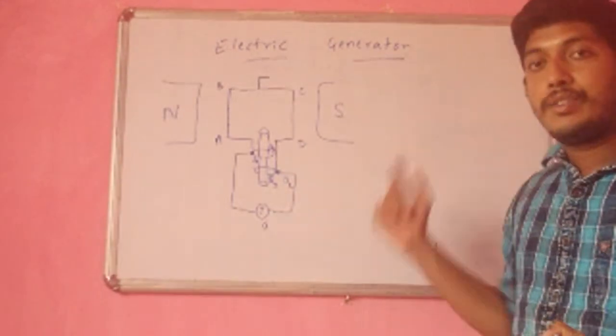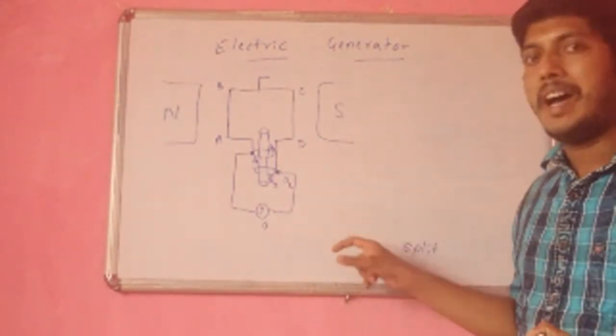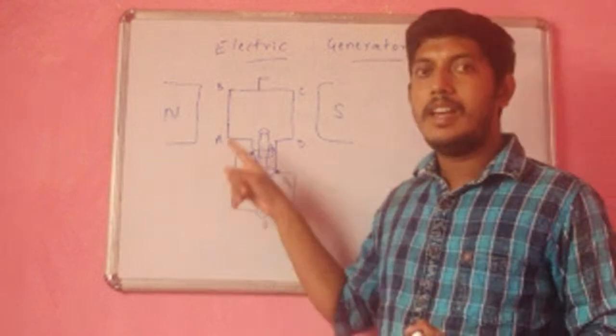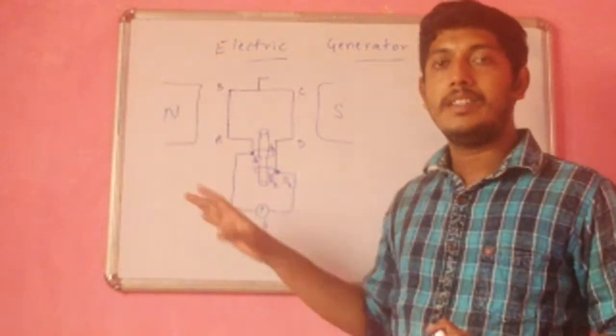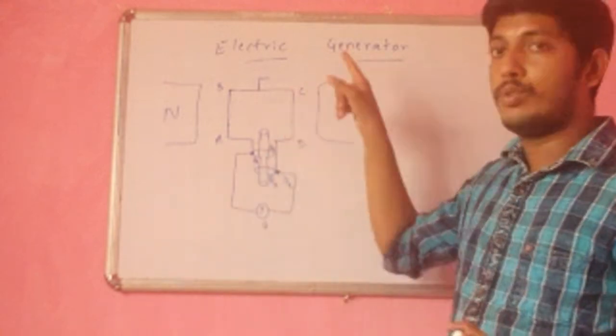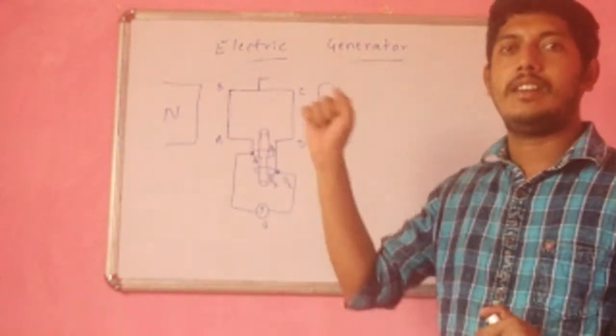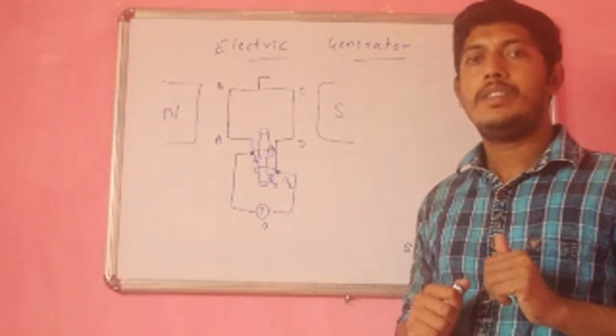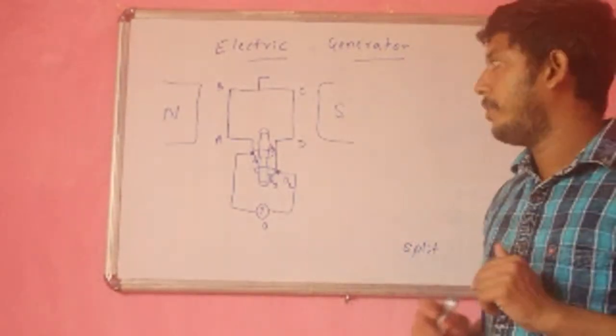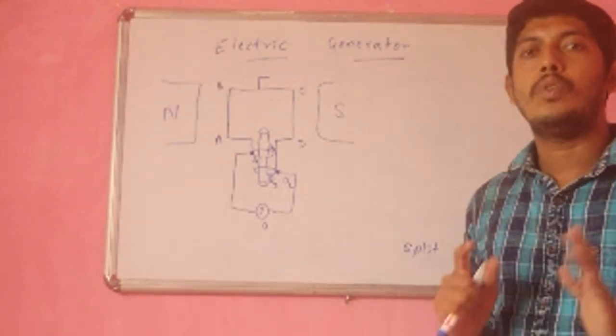In electric motor, with the help of battery, the electricity is passed and the armature starts rotating. But here there is no connection of battery. Here we have to rotate the armature mechanically. Okay, this is the arrangement and the principle involved. Now I will explain you the working.